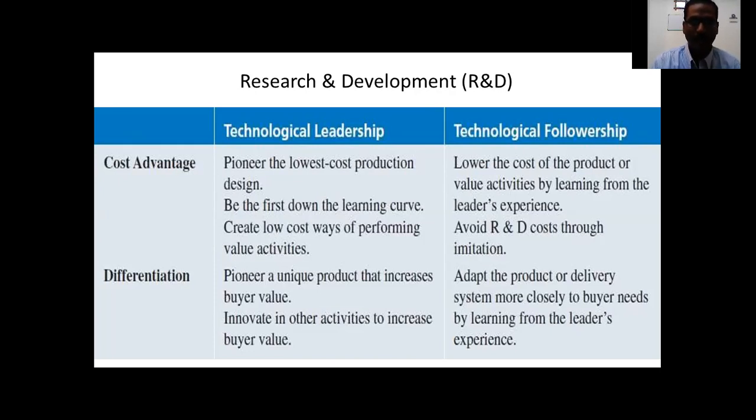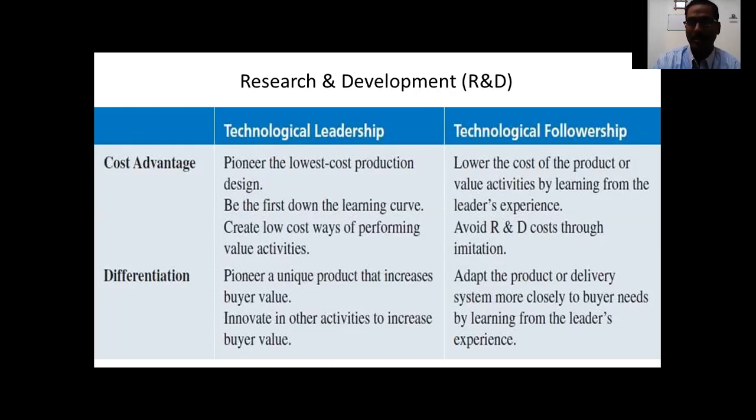Cost advantage: a technological leader, the pioneer, gets the lower cost of production design. They are first down the learning curve and create low-cost ways of performing value activities, because they have invested in R&D, so this is possible for them.